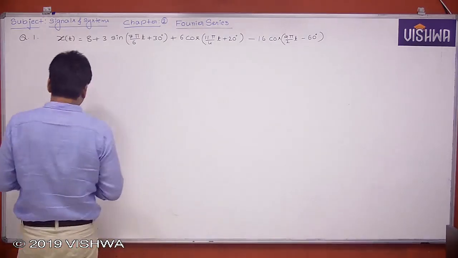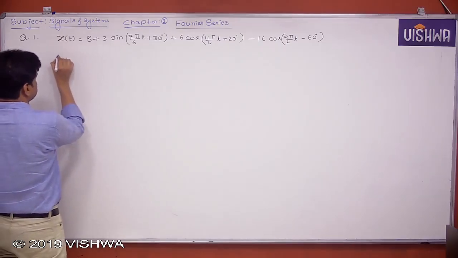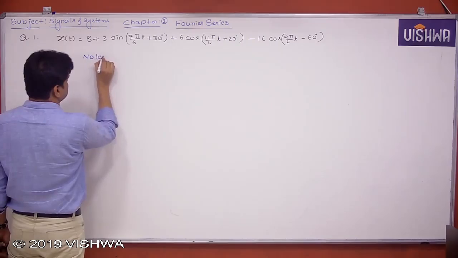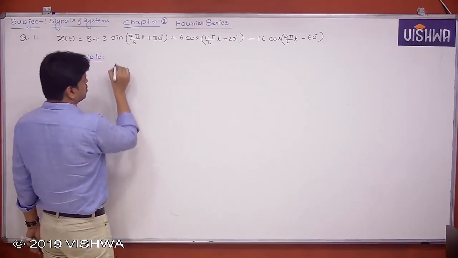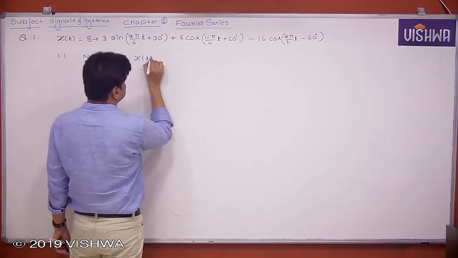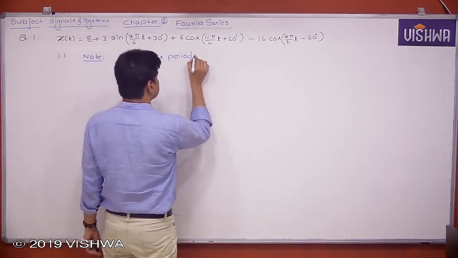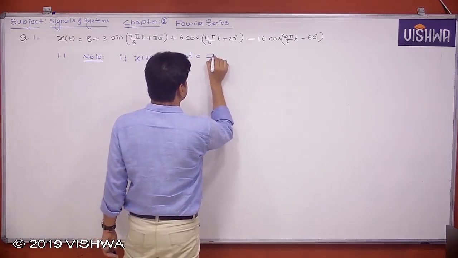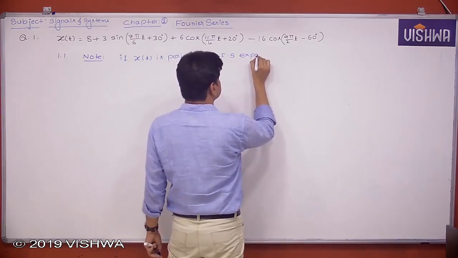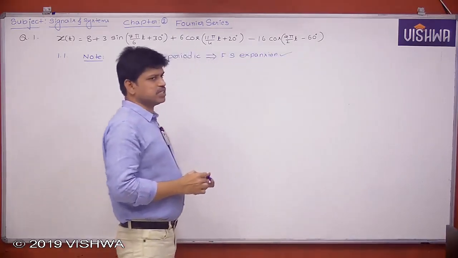Remember the note for question 1.1: if x of t is periodic, that implies the Fourier series expansion exists.